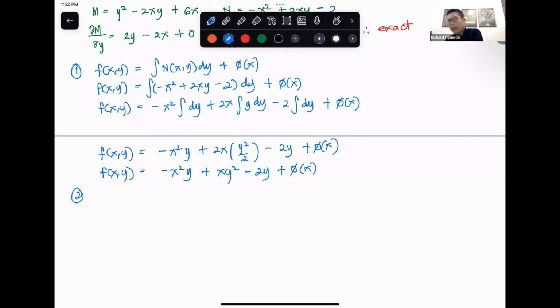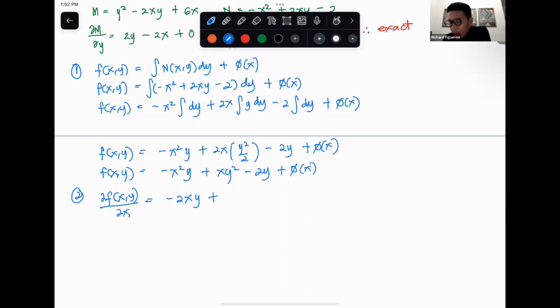So our second step: that is our differential equation, right? Let's just get the p of x. So we partially derive this with respect to x. The derivative of negative x squared is negative 2x, then we attach y.